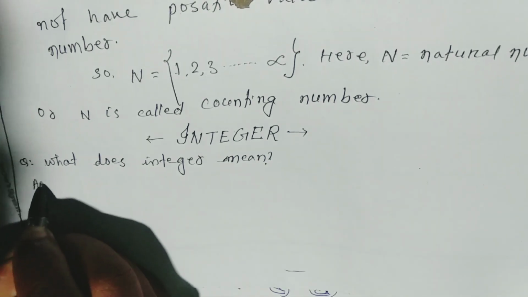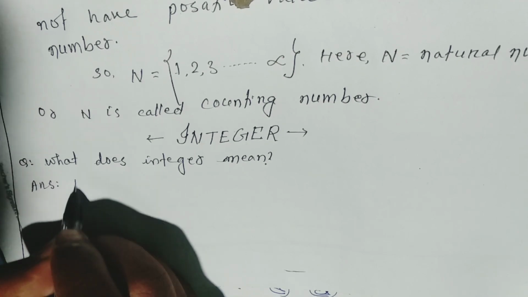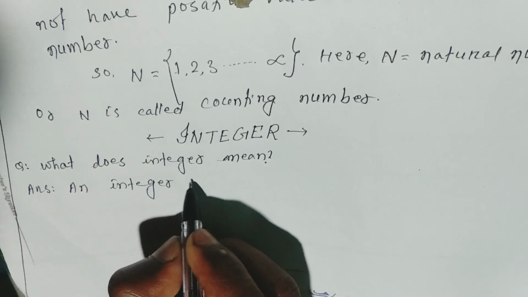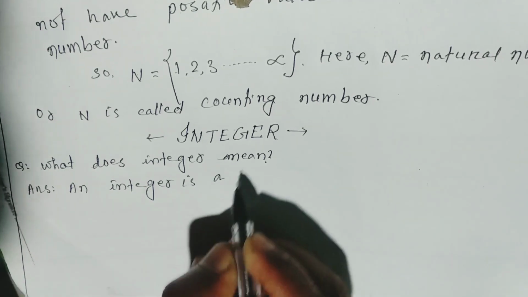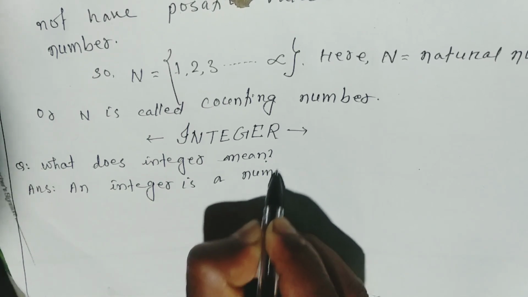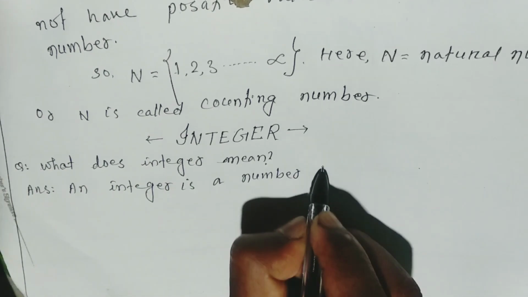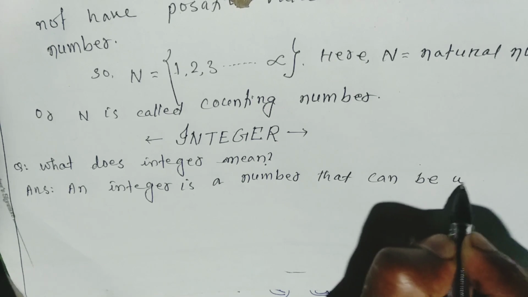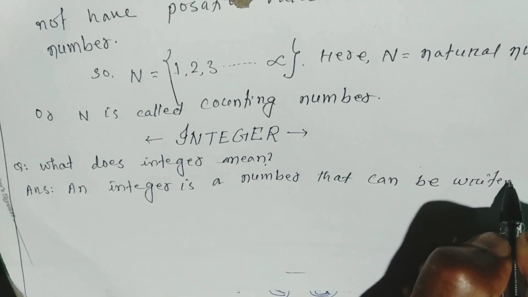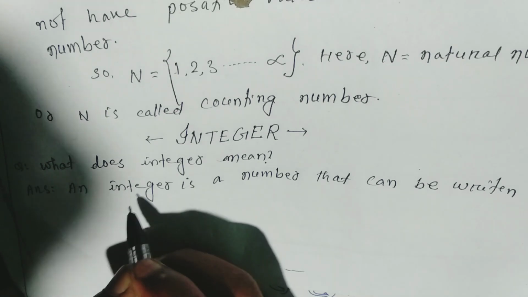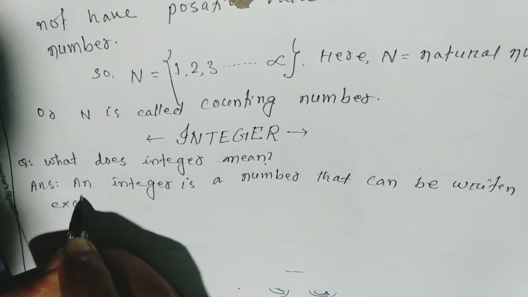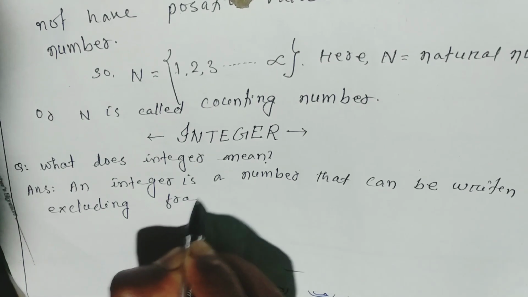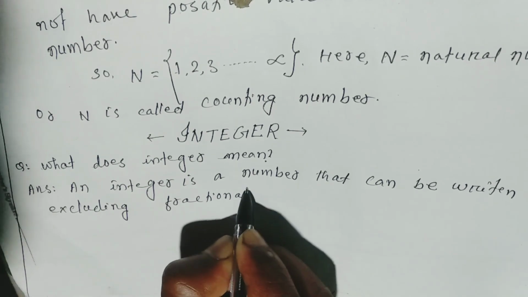Answer: an integer is a number that can be written excluding fractional component.